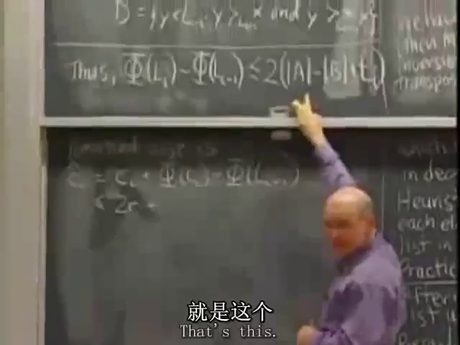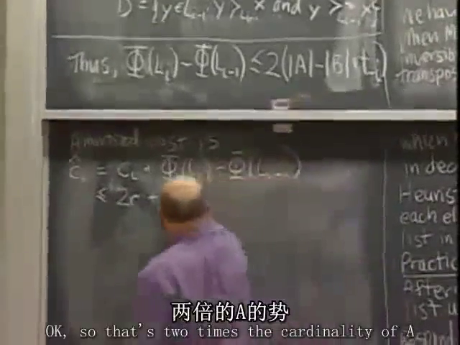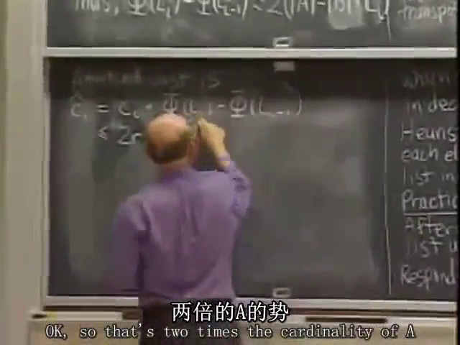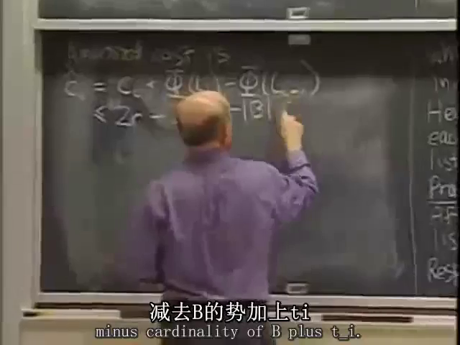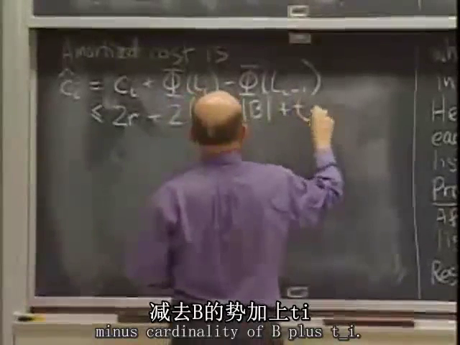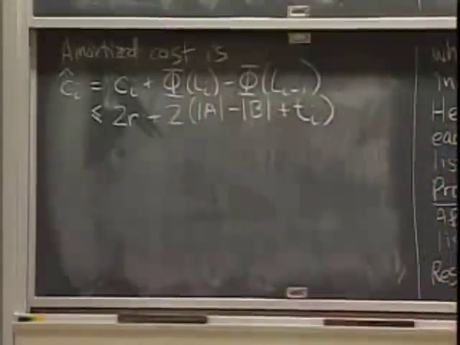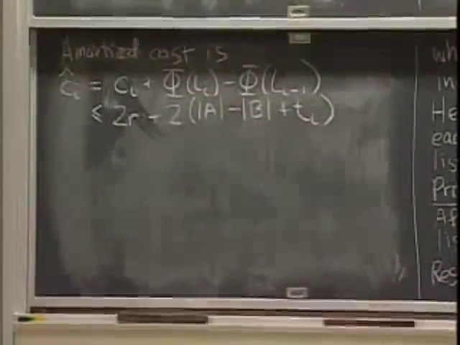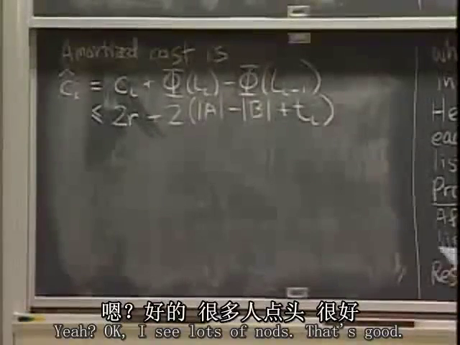That's this. So that's 2 times the cardinality of A minus the cardinality of B plus t sub i. Everybody with me? Yeah, okay, I see lots of nods, that's good.